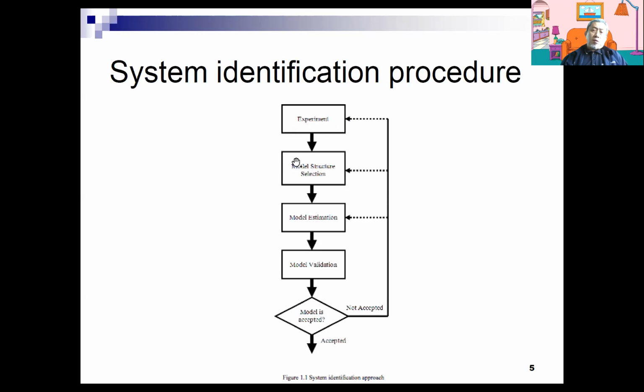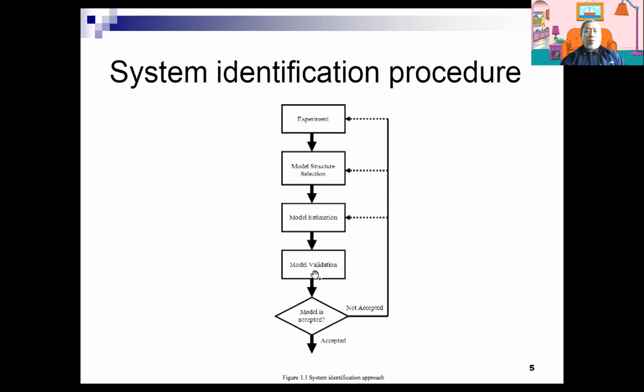Then we choose the model structure, linear, ARX 331 with 3 poles, 2 zeros and 1 delay, for example. Then we estimate the model using least squares or generalized least squares. And then we validate the model using best fit, AIC, or FPE, final prediction error.